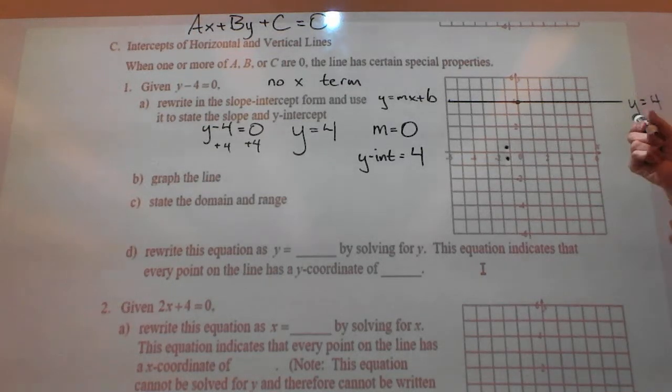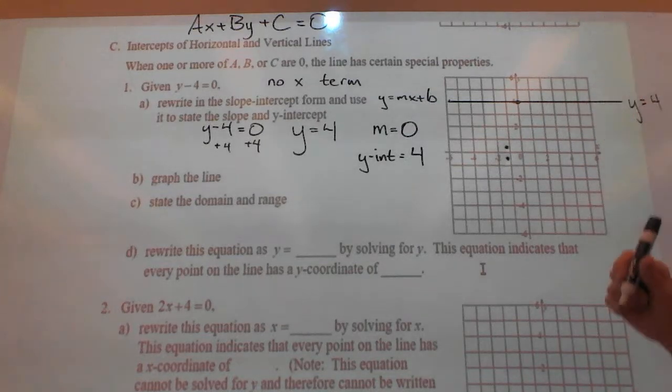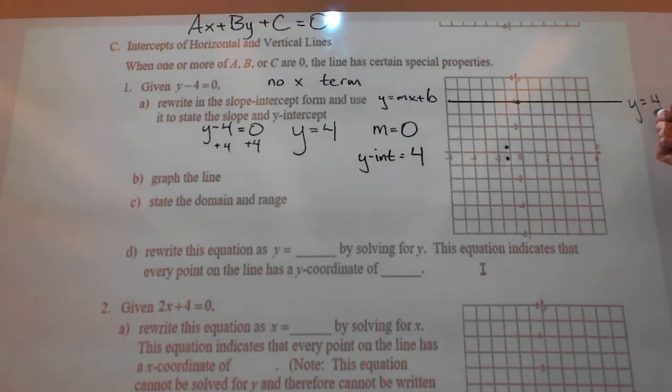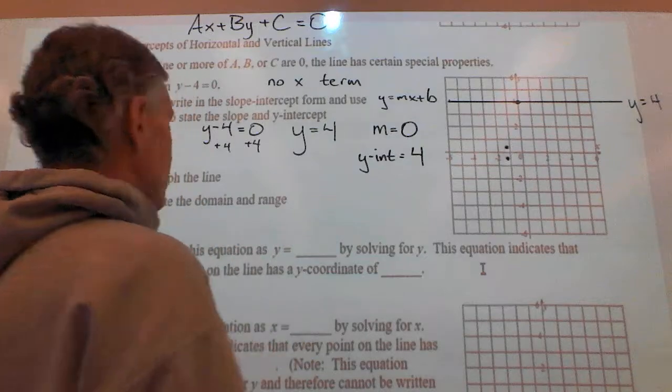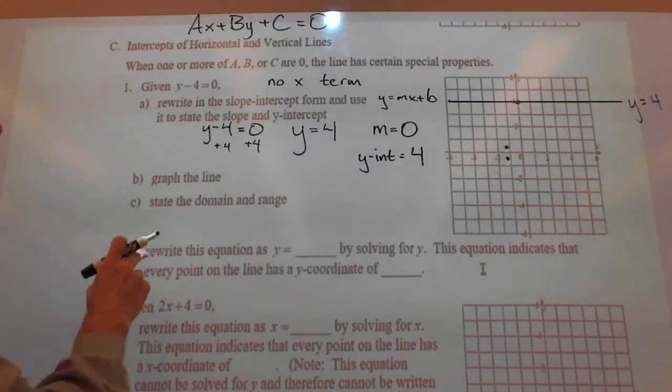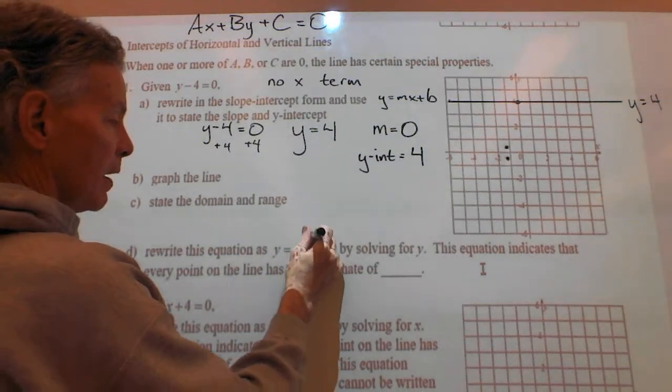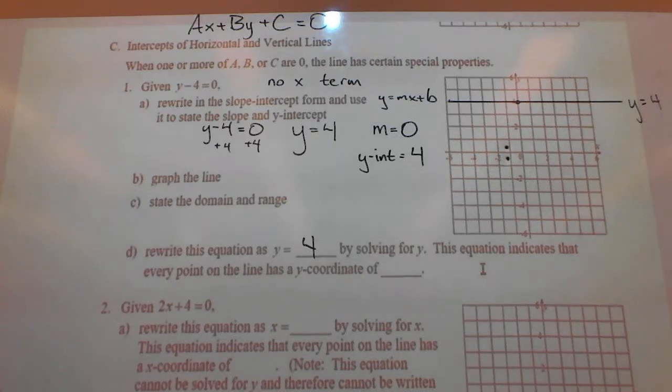Okay? Notice that it's telling you that you have a line with no x variable, meaning a flat slope, that crosses with a y-intercept of 4. Okay? So, rewrite this equation as y equals 4 by solving for y.